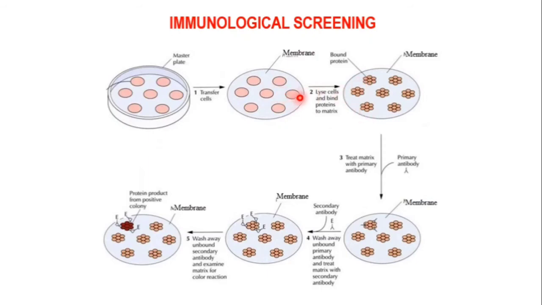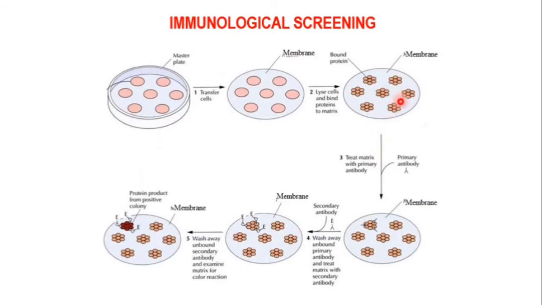The remaining parts of the cells, the DNA, RNA and lipids, will be removed. Only the colony proteins will be attached to the nitrocellulose membrane.